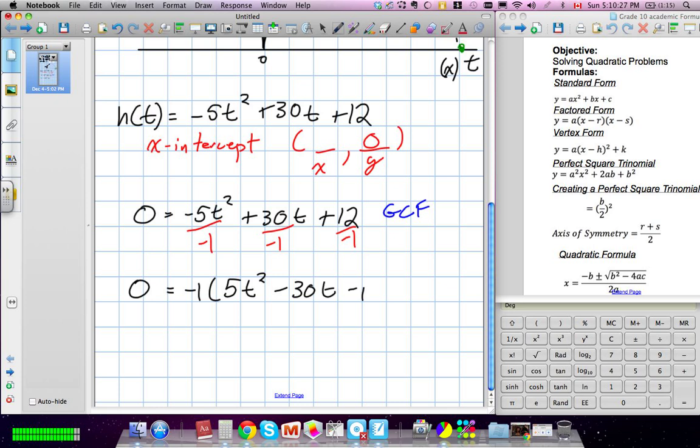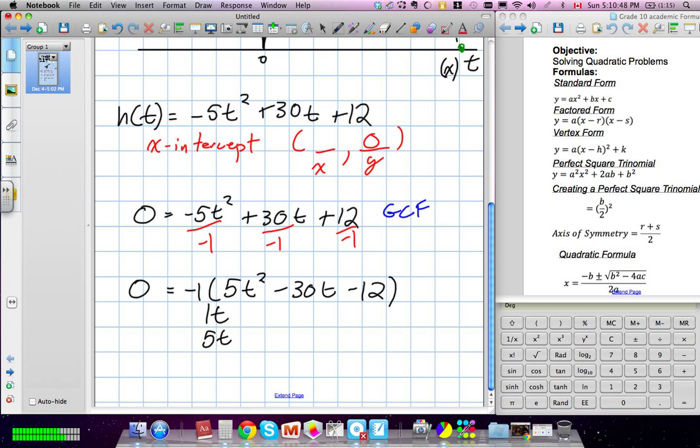Now that we have that, we can use our factoring by product to solve it. So what's my first step? Find the two numbers that multiply to 5. Yeah, that's right. So we have 1t and 5t. Anything else? No. What about 12? 1 and 12.